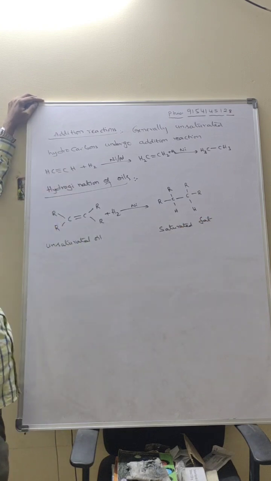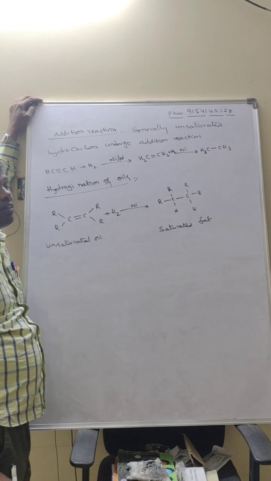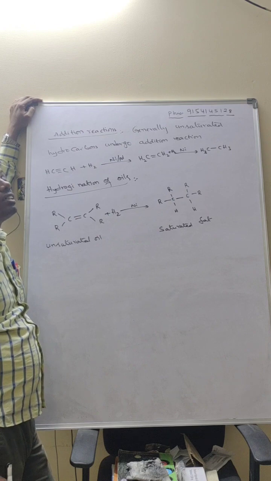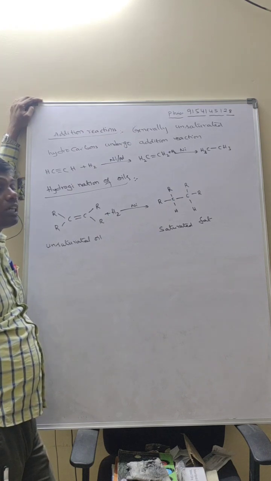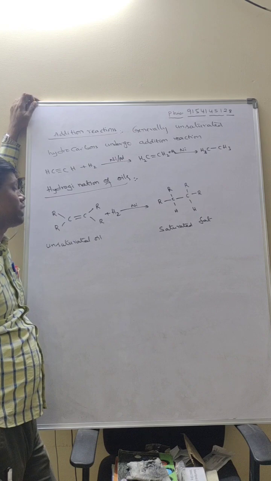Like vanaspati ghee or normal ghee. Ghees and fats are hard to digest because they are saturated compounds. Saturated means paraffins, which have little affinity to react with other things, so indigestion takes place.